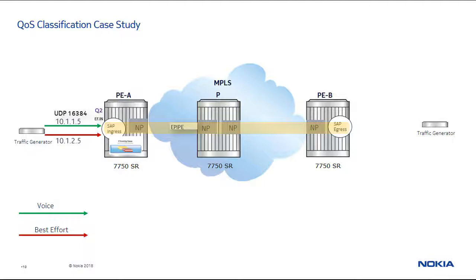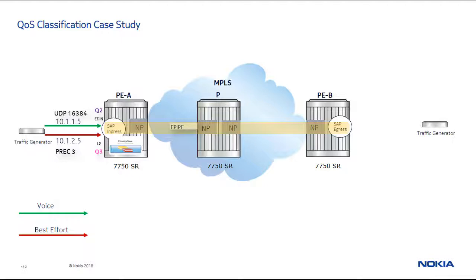The second stream, which represents best effort traffic from source IP address of 10.1.2.5, is marked with the precedence value of 3 and will be classified using a behavior aggregate method sending packets to forwarding class L2, and then the forwarding class will direct the packet to be buffered in a priority queue of Q3.